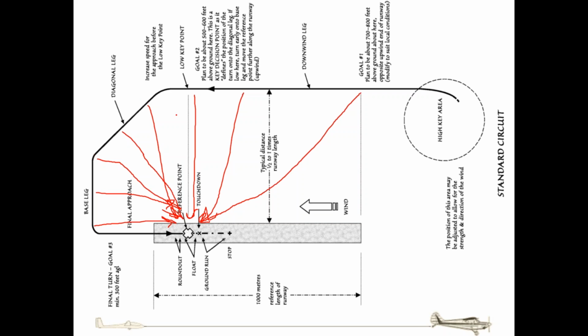Now, if I do the old square circuit where I went out here, I'm increasing my distance away from the reference point and I'm still descending, and then I use this portion here to gain it back. So this piece here is the time when we're furthest away from the reference point while we're still descending.